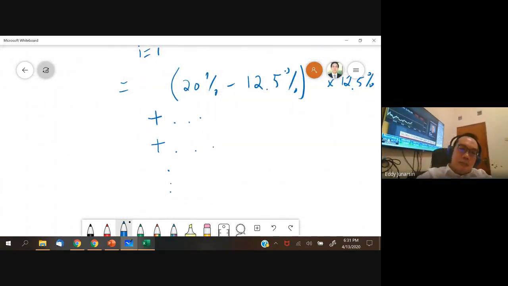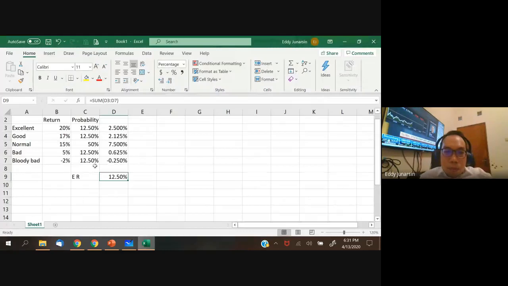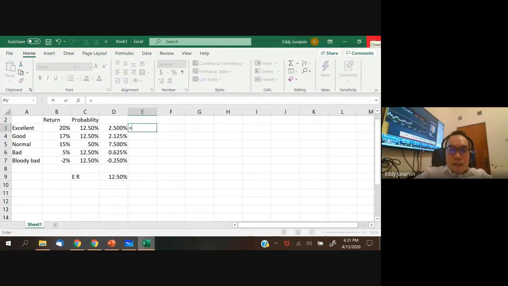So let's use Excel. It is simple. So for the first line, what is it? 20%, right? Minus our expected return. Be careful when we do the copy and paste. Remember that below the 12.5% is nothing.